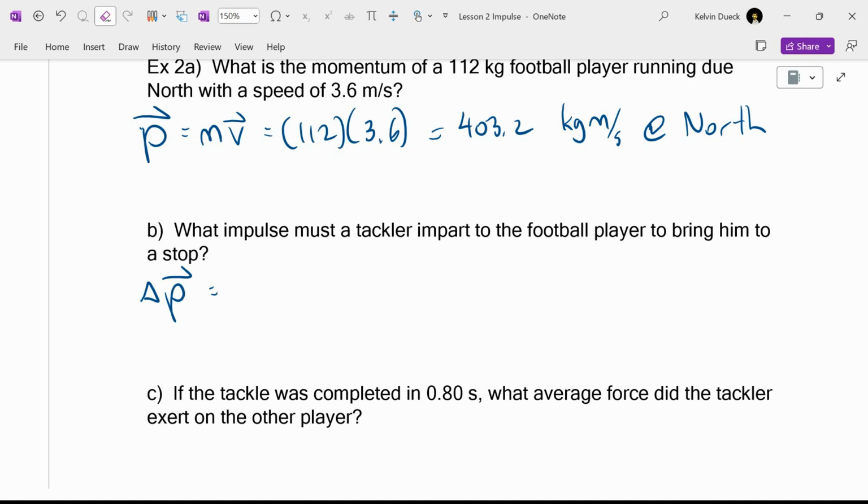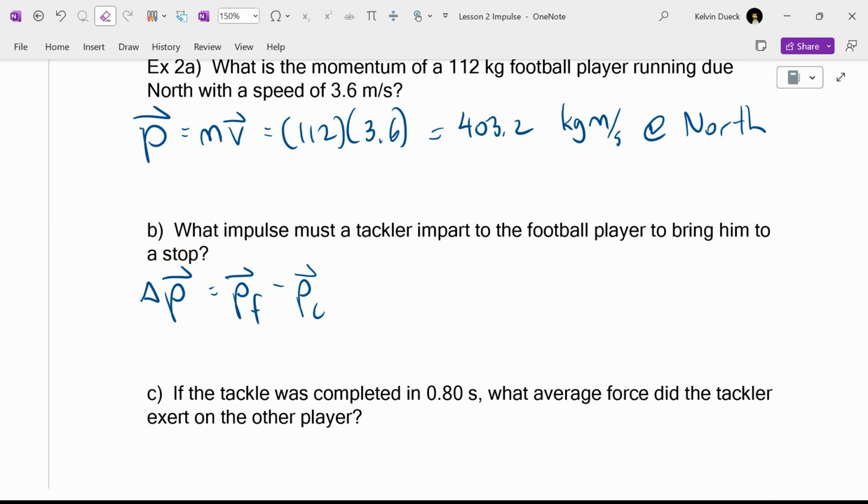Do you see a force in newtons or a time in seconds anywhere in what they've given me so far? No. You know what? I think I'm actually going to use the definition of change in. What's change in anything? Something minus something. I think it's going to be the final momentum minus the initial momentum. Now, how did I know to do that? Because in part A, we found the initial momentum.